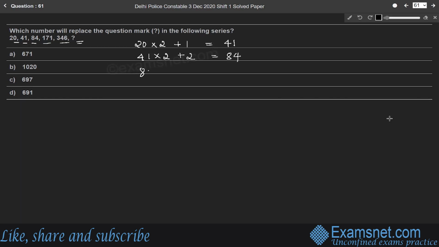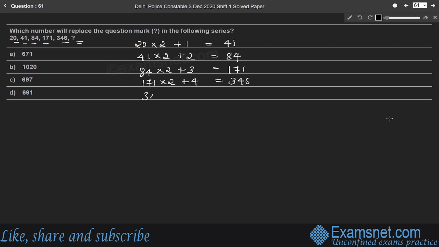Similarly, 84 into 2 plus 3: 82 into 2 becomes 168, plus 3 is 171. Similarly, 171 into 2 plus 4 gives 346, right?